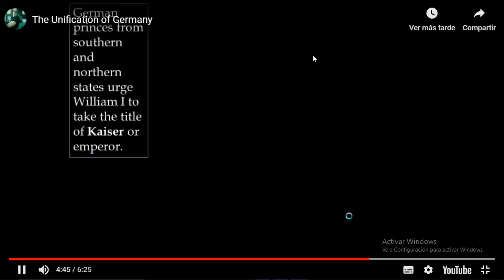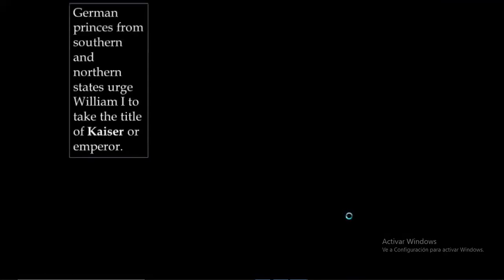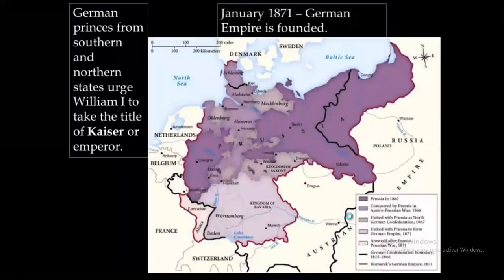So what we are left with is, after the defeat of France, princes from some of the southern and northern German states urge William to take the title of Kaiser, or Emperor. And really, in January of 1871, the German Empire is founded. And the leader of the German Empire now is the Kaiser, Kaiser William, or Wilhelm, as you'll hear him called.